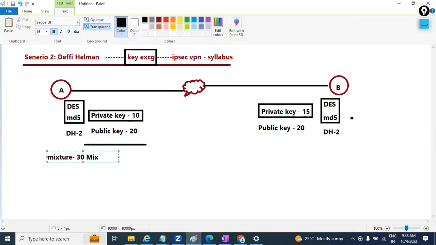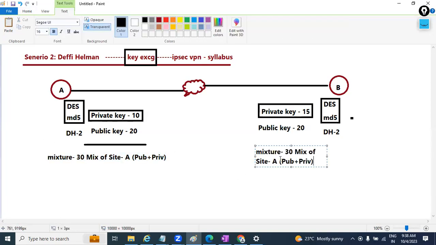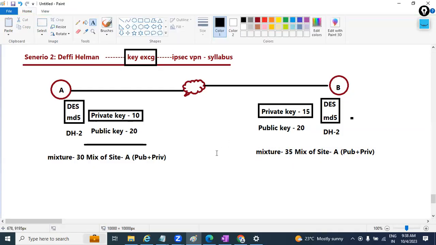So this is the mixture of site A, public plus private. Same on the other side: a mixture of public and private, 15 plus 20 is equal to 35. My mixtures are ready on both sides.